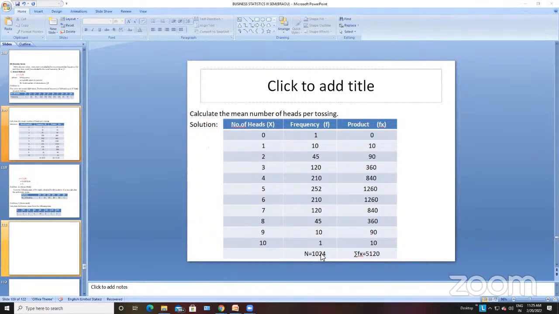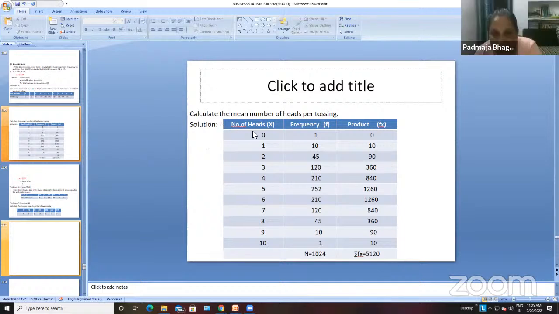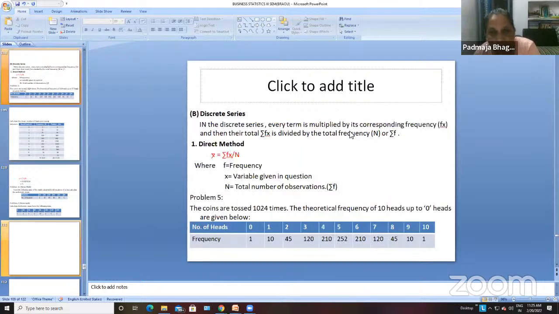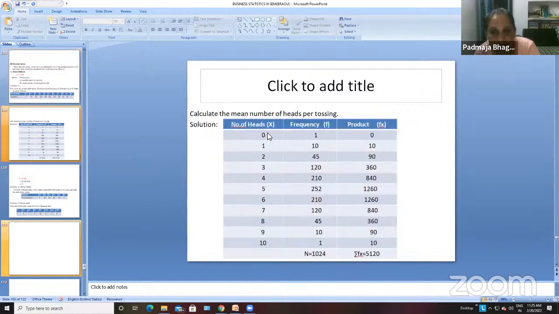So now, X should be multiplied by the corresponding frequency. What is corresponding here?